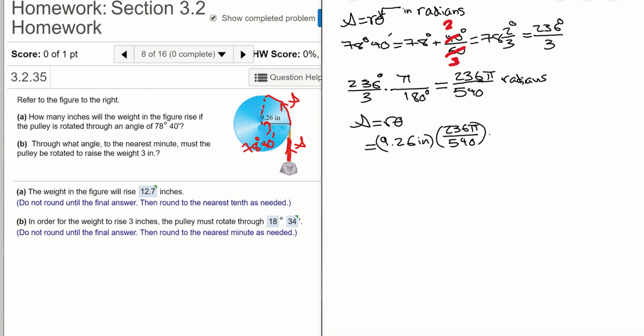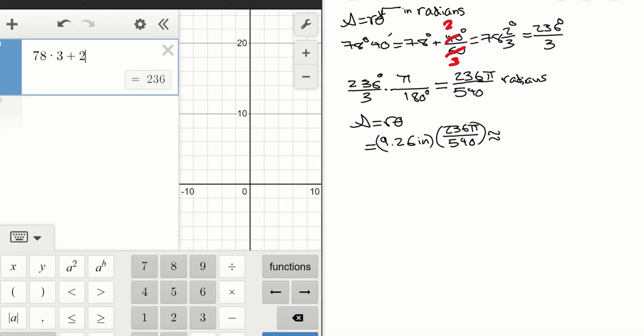If we plug it into Desmos, we're going to multiply 236 by 9.26 pi, and the order of multiplication doesn't matter, then divide that by 540.